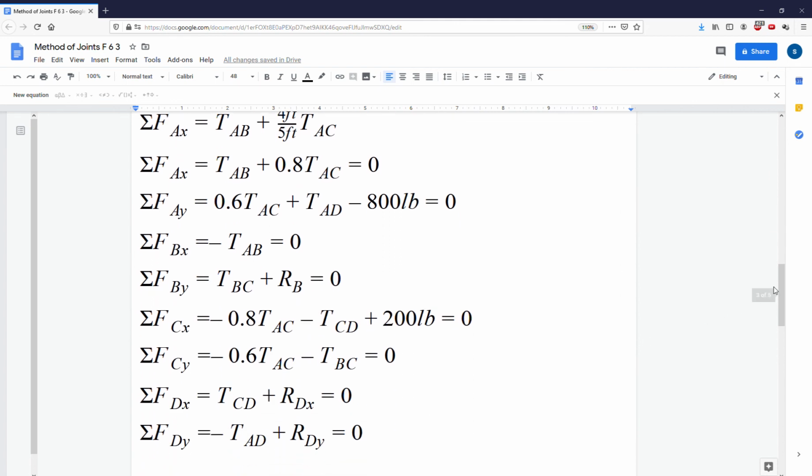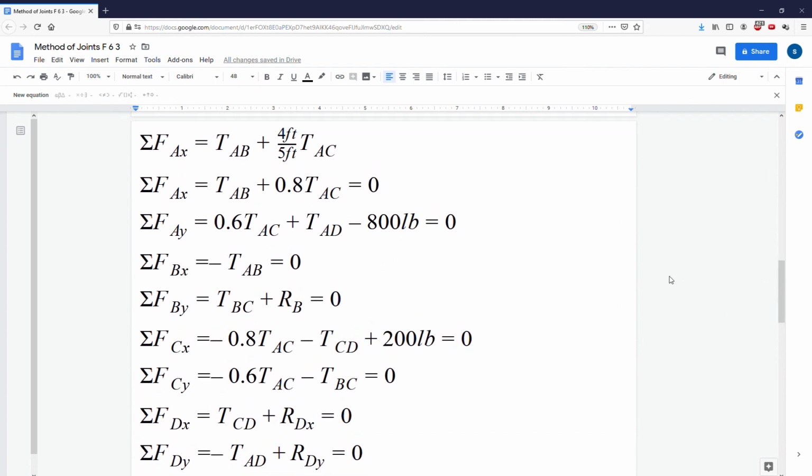Next, we will want to find the sum of forces equations for each joint. For joint A in the x direction, there are 2 members that will apply force in the x direction. Tension AB will pull it purely to the right, and tension AC will pull it up and to the right in a diagonal.